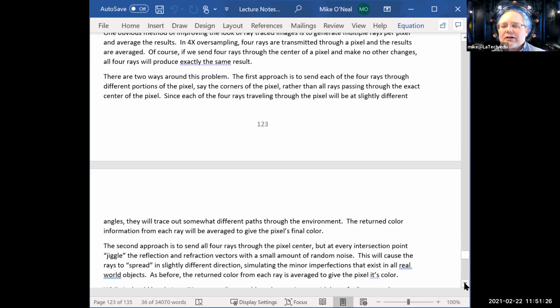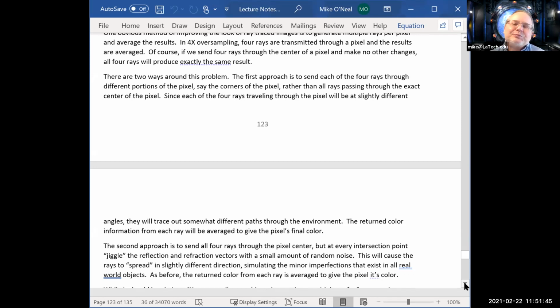This is crazy talk. Now you're talking about shooting multiple rays through every pixel. I already can't afford to do full ray tracing, and now you're saying, oh, we'll just shoot multiple rays through the pixels. Why would you want to shoot multiple rays through the pixels?